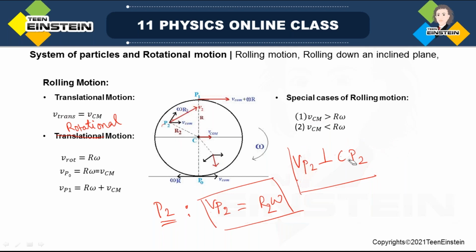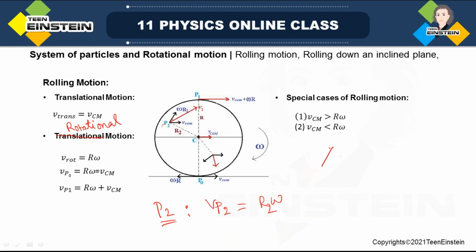Now look. We are saying that rolling motion is a combination of both rotation and translation. Then what will be the total or resultant velocity? The VCM is along this direction. So I have got two things here.